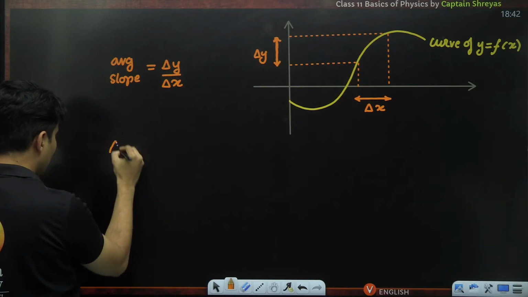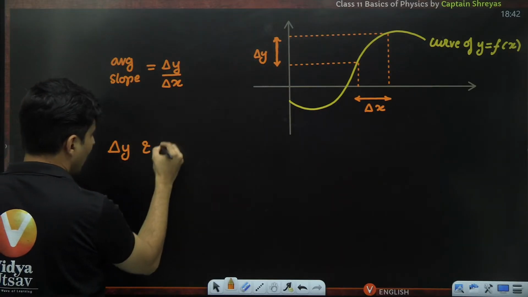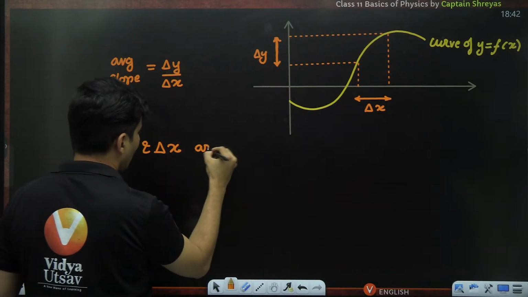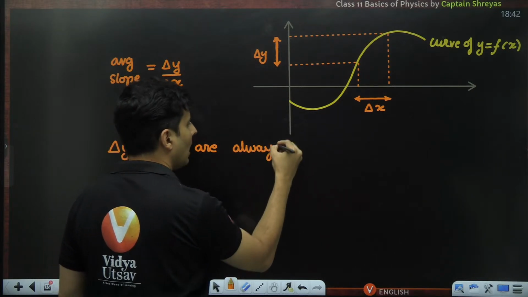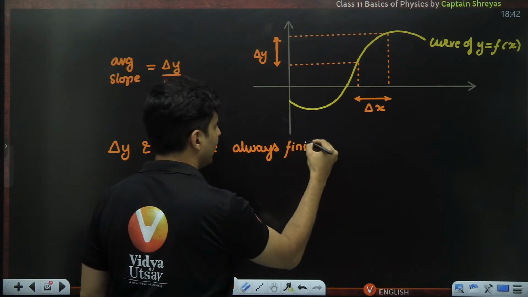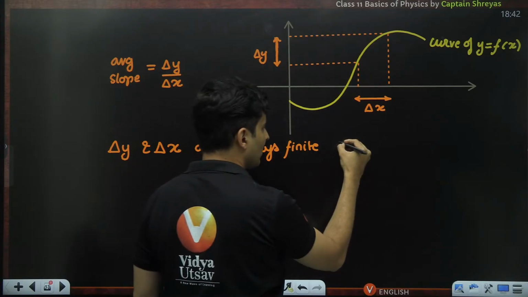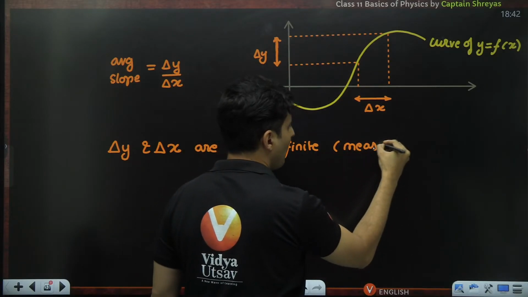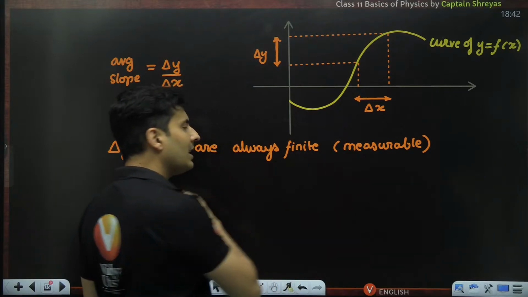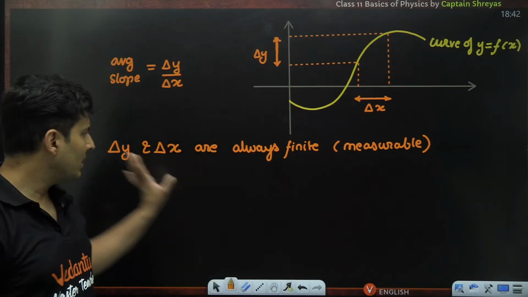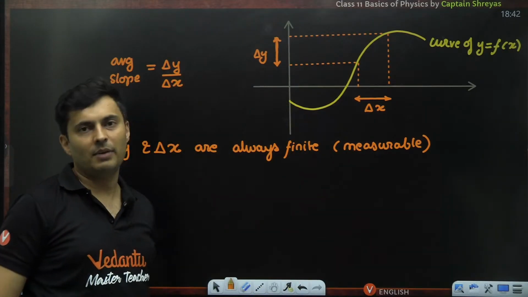Now, please remember here, delta y and delta x are always finite numbers. Basically, they will be measurable. Even if they are zero, that's okay, but they are always finite values.